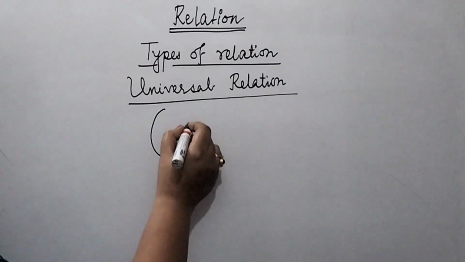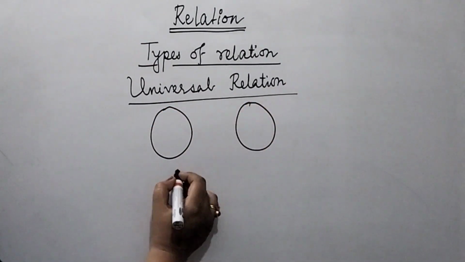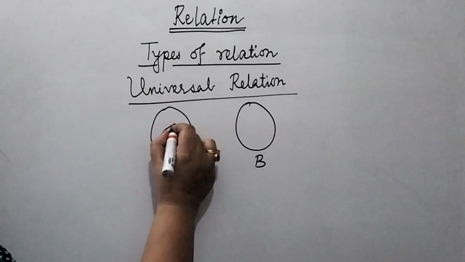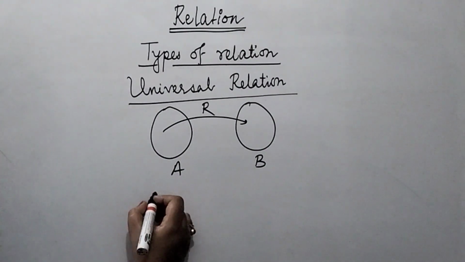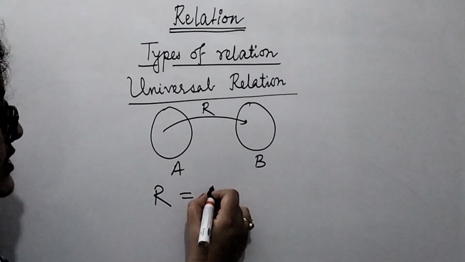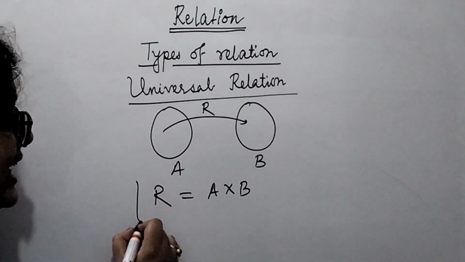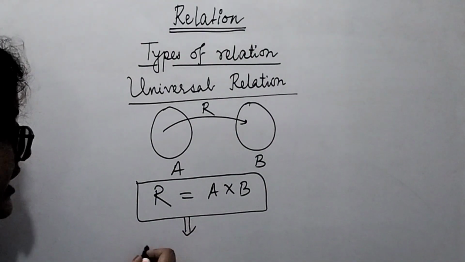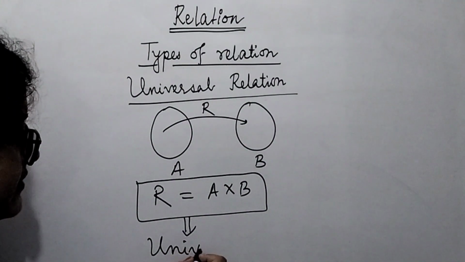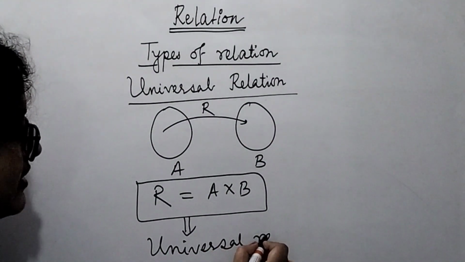Suppose I am considering two non-empty sets A and B again, and a relation R is defined from A to B. Now according to the structure of R, if we find that R contains all the elements of A cross B, then obviously we can write that R is equal to A cross B. And if it happens, then we shall say that R is the universal relation.